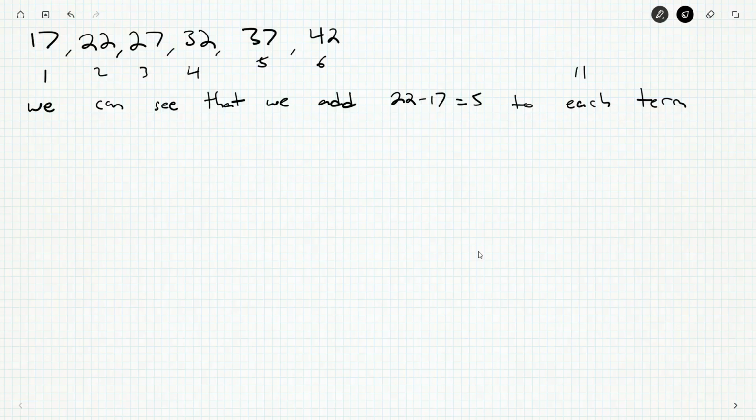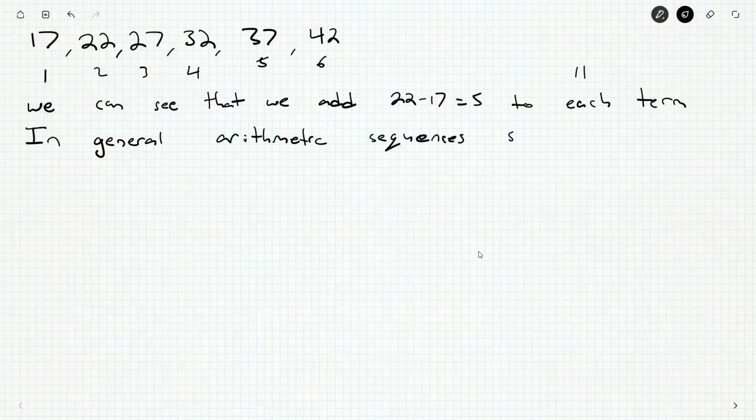But there's another way to do this question. In general, arithmetic sequences start with a first term a, and have a common difference d, which in our case is this number 5.